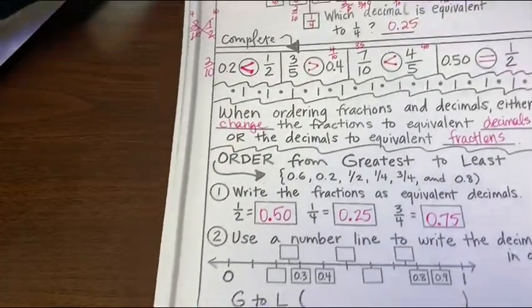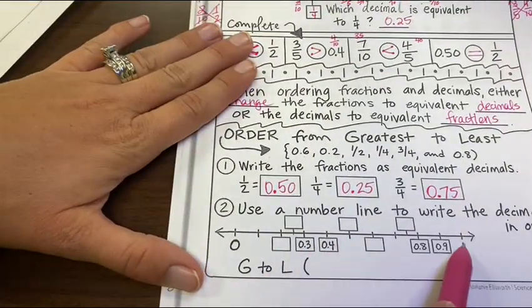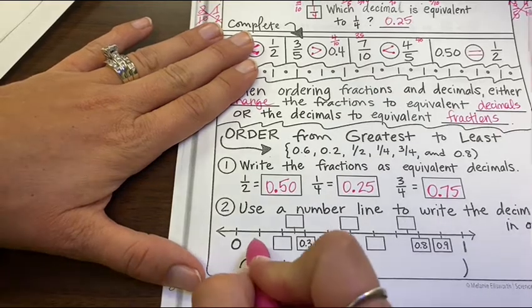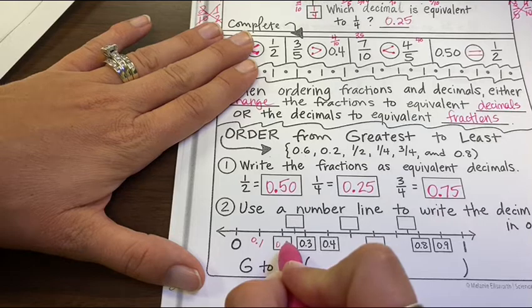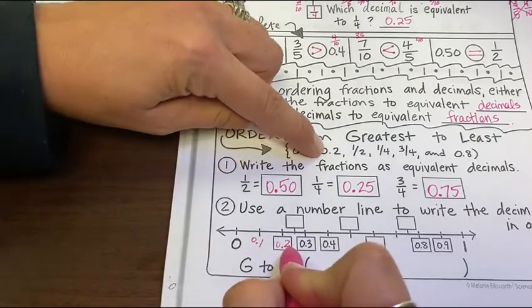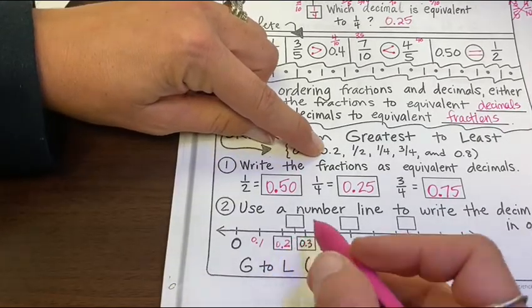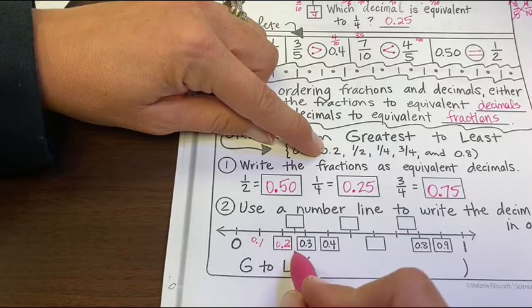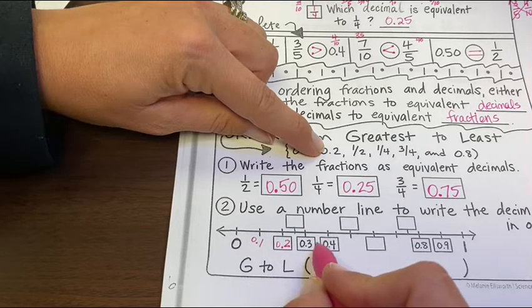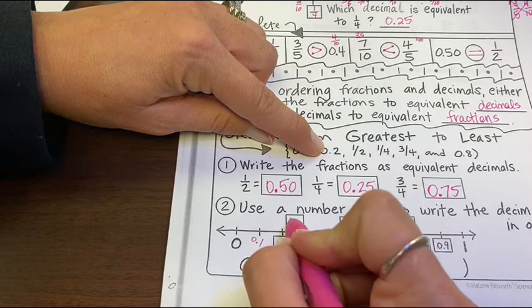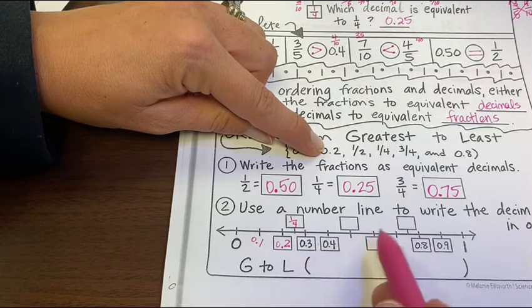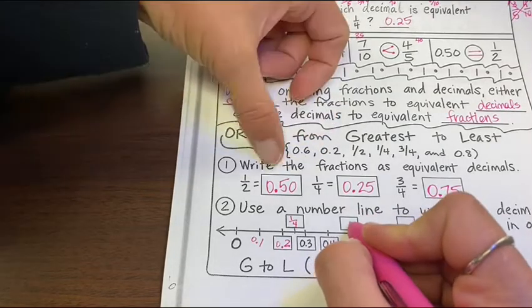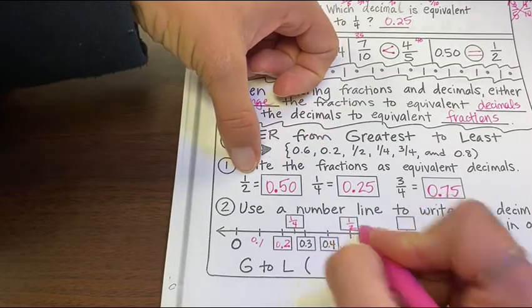Okay, so if we use a number line and we think this is counting by tenths because it has 10 blanks, this is going to be 1/10. Then we have 2/10, which is this right here. Then we have, right here in between, let's say 20 and 30 cents would be 25 cents. That would be 1/4. Then we have 3/10, 4/10, 5/10, which is going to be your 1/2.